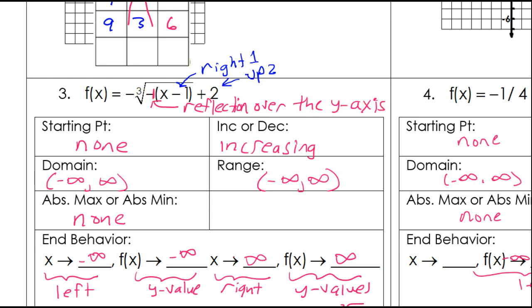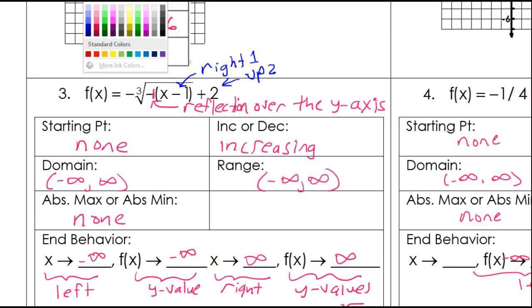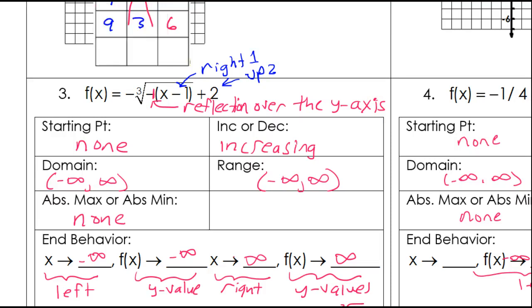When you have a negative sign in the front, that is going to be a reflection over the x-axis. All right, so those are the 4 transformations here.